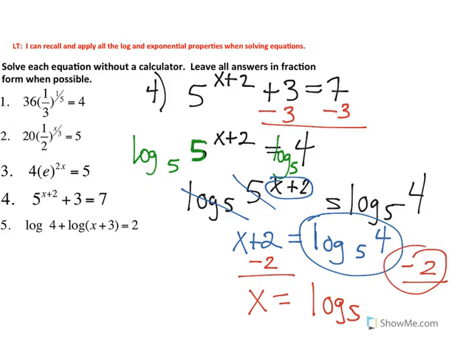This is a completely separate term, like your marker. You cannot add a squirt bottle and a marker together and get 2 markers. Just like you cannot add a log to a constant. It does not work. They have to remain separate. So this will have to be log base 5 of 4.